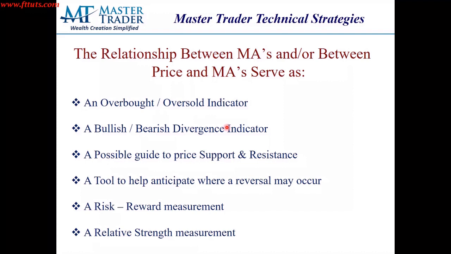And I would rather use the word extended versus overbought or oversold. As prices do become extended, they can become more extended, but at some point, the odds are increasing that prices are going to reverse back in the other direction. And that is what we're looking to do, and observe that objectively and quickly.